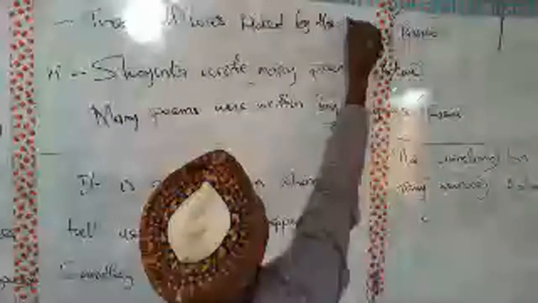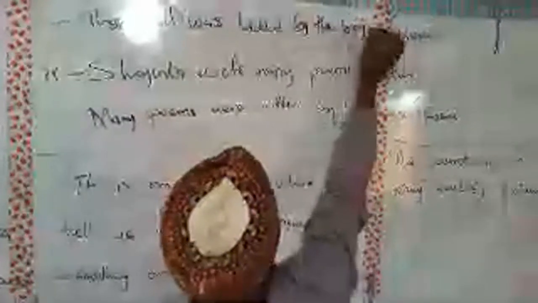But if at all you want to mention the person you are discussing, the person you are narrating what has happened to, just add "by the boy" for clarity. The ball was kicked by the boy.